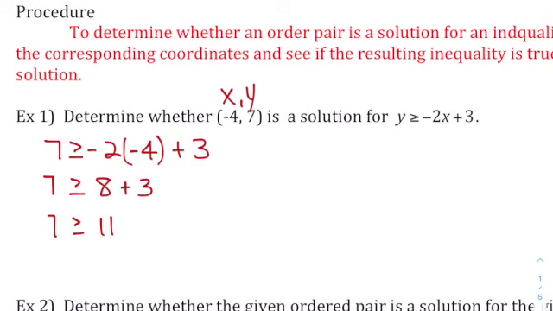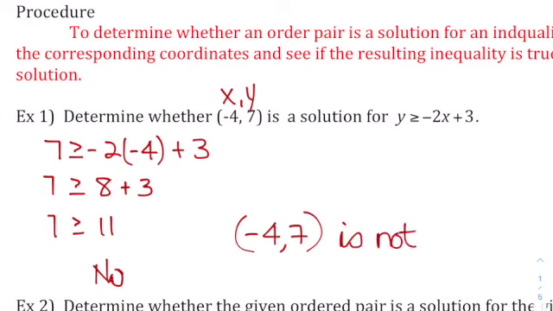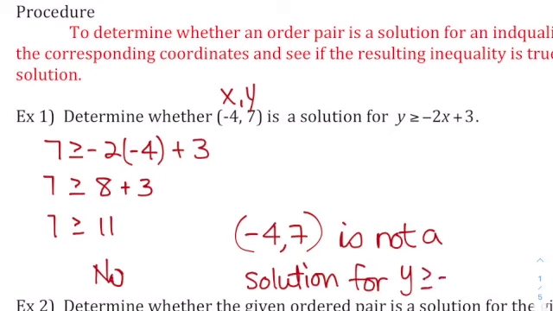Well, 7 is definitely not bigger than 11, so no. -4 and 7 is not a solution for y is greater than or equal to -2x plus 3. Okay, that's all you have to do.